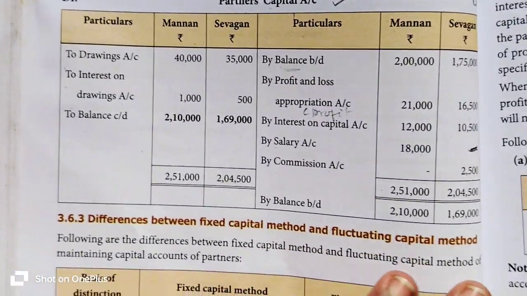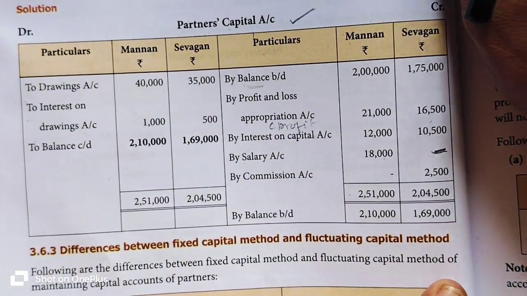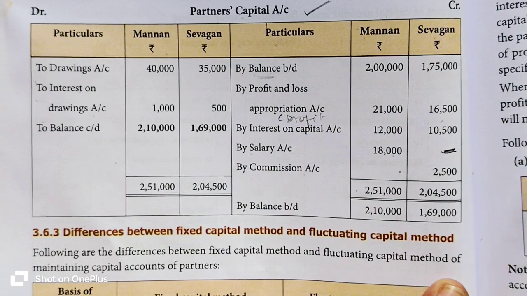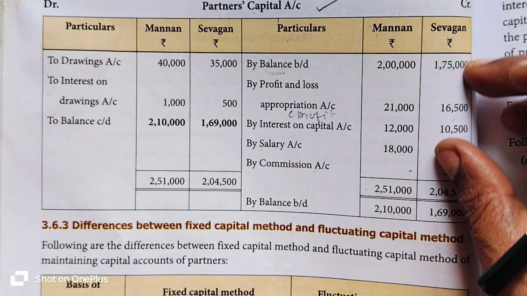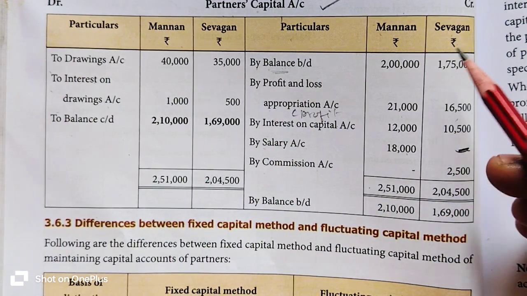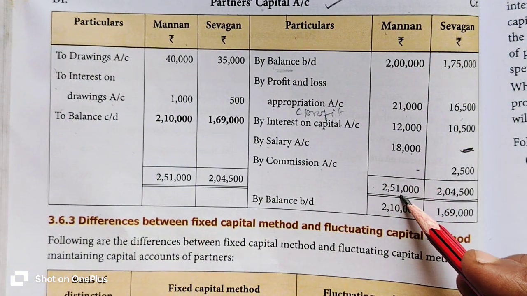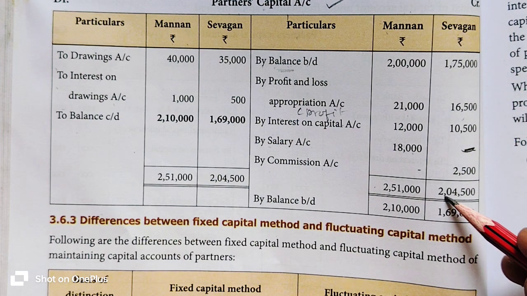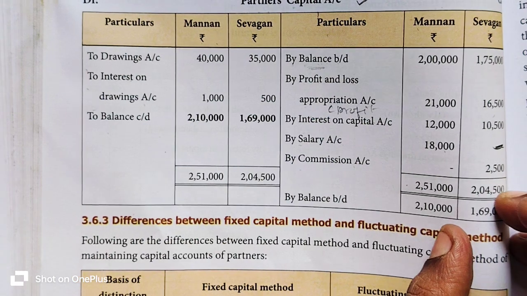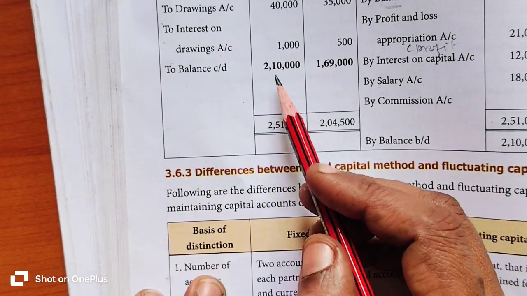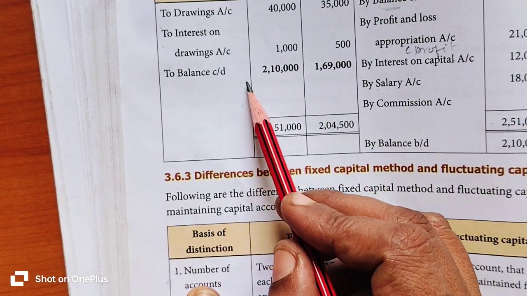Okay, so we have the higher value on credit side. If you get the higher value on credit side, you have to total it on credit side. The total amount of Mannan is 2,51,000. Sevagan's total is 2,04,500 rupees. If you get the total on credit side, the difference goes to debit side.